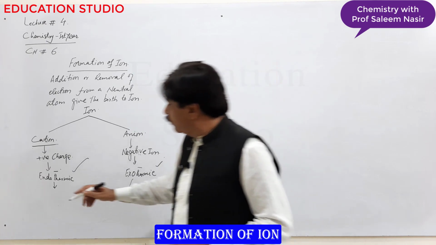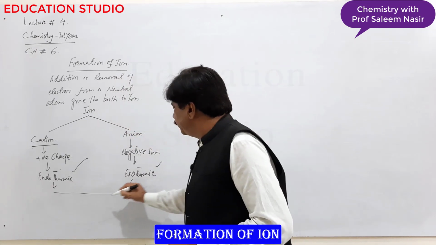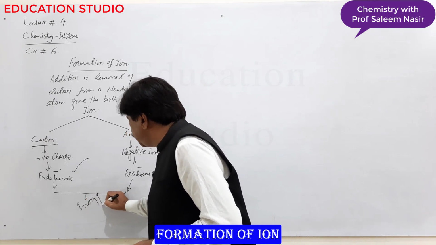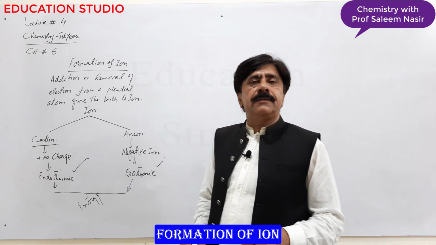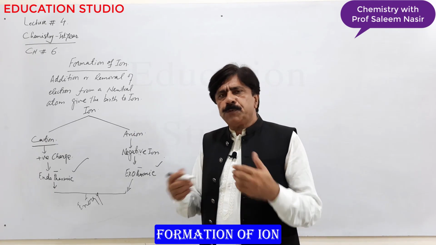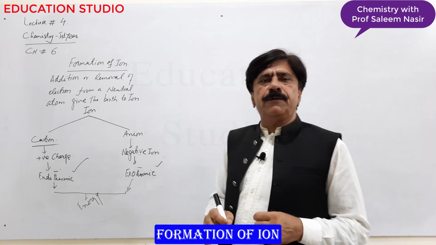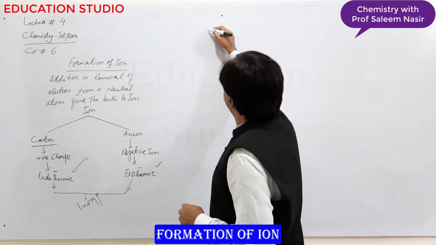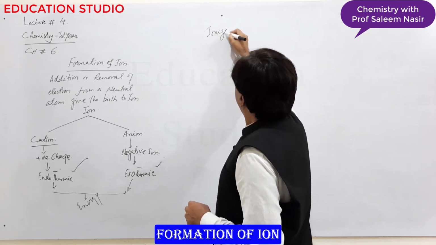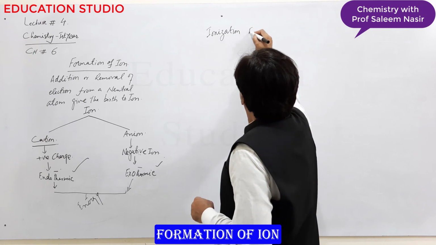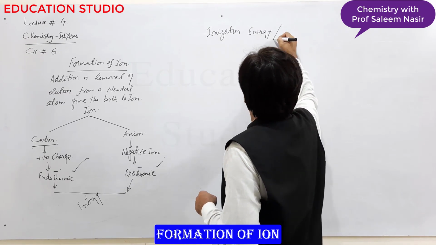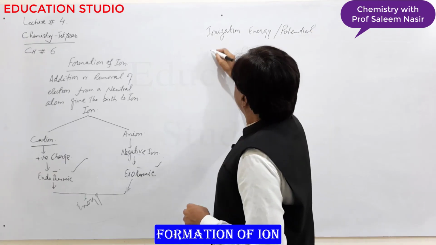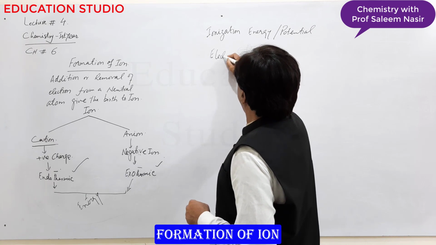Here we are going to involve the energy, either absorbed or released. As far as these two types of energies are concerned, we will discuss ionization energy or ionization potential, and secondly, electron affinity.